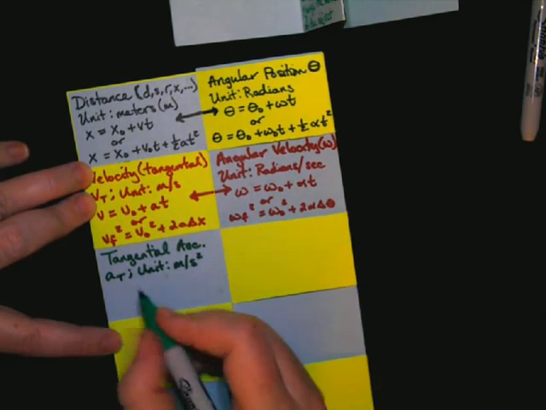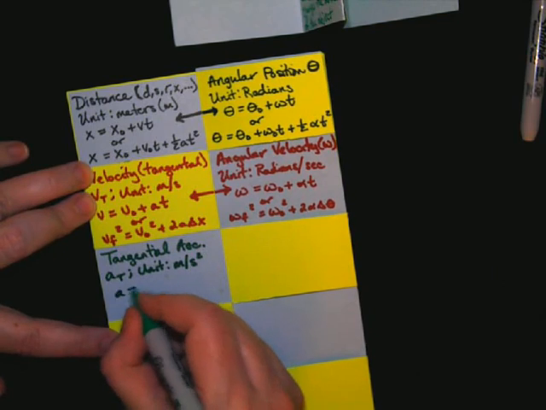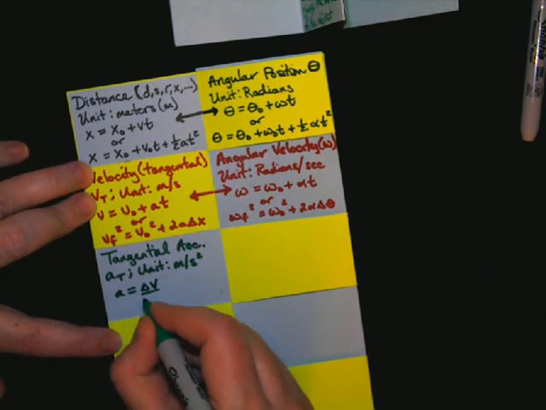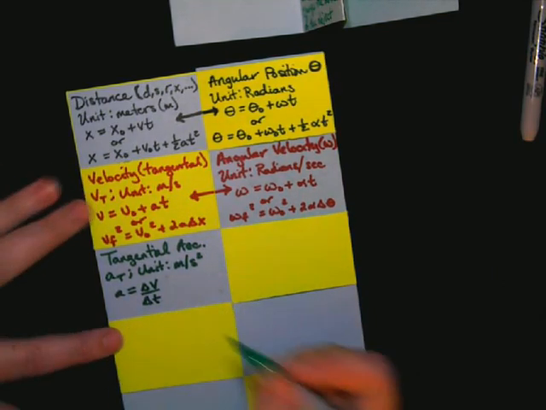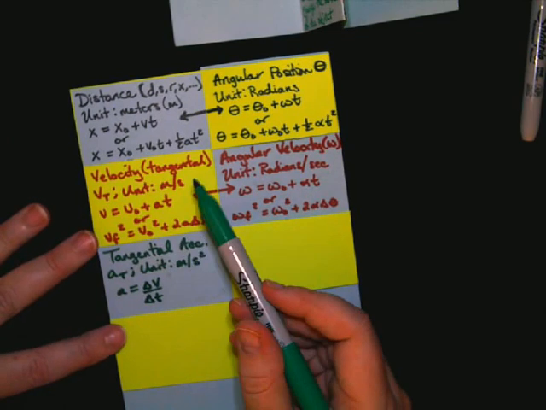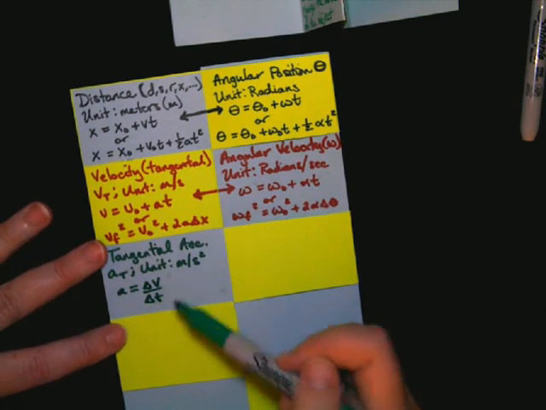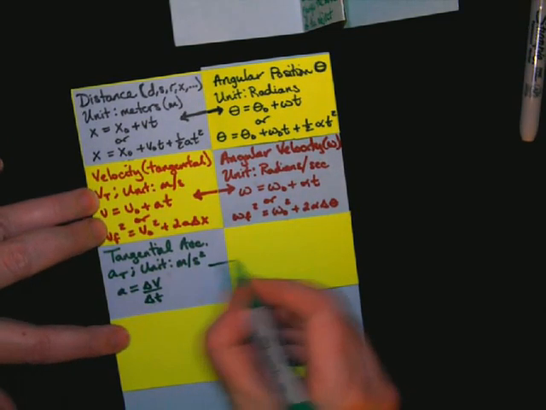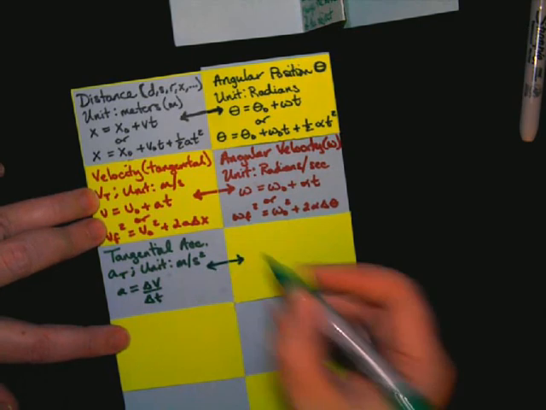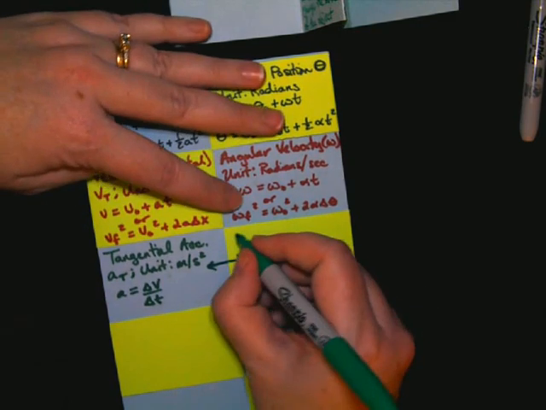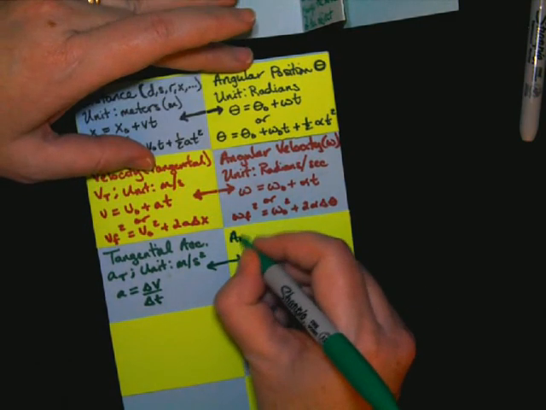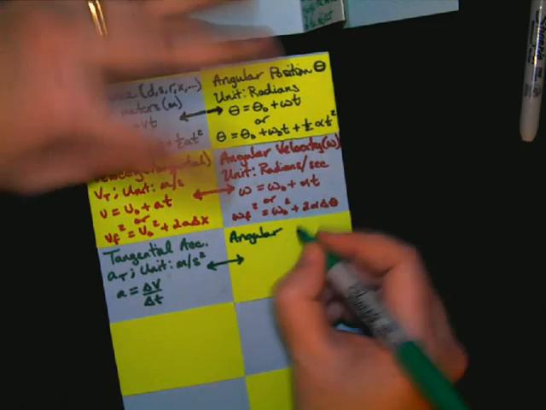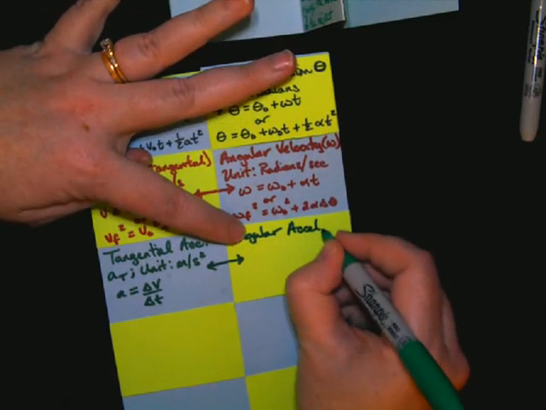And we've had the equation A equals delta V over delta t. And obviously any of our other equations that you've already seen with an acceleration can be rearranged, but we're just going to look at this one for right now. And so what happens here is, again, we connect to what we will call, shockingly, angular acceleration. So you're probably seeing a trend there.